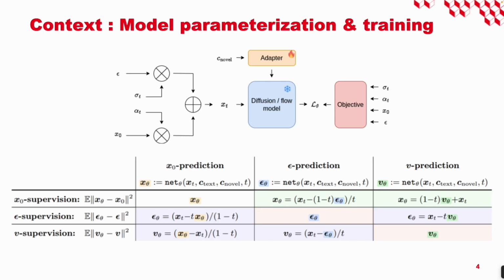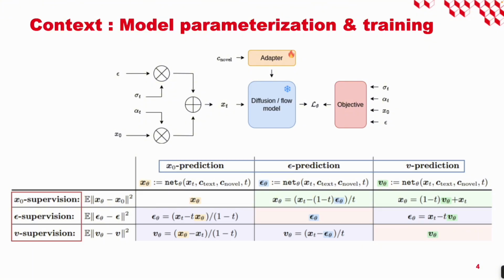Since we can easily convert one value to another, we can predict one value and supervise with another. This results in 9 configurations that can be used to train a diffusion model. Prior works systematically use the diagonal approach, highlighted here in red, to train the controlled model.